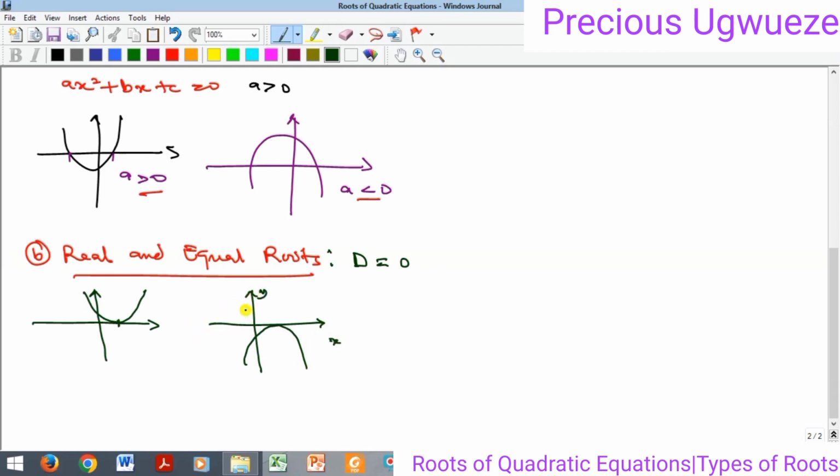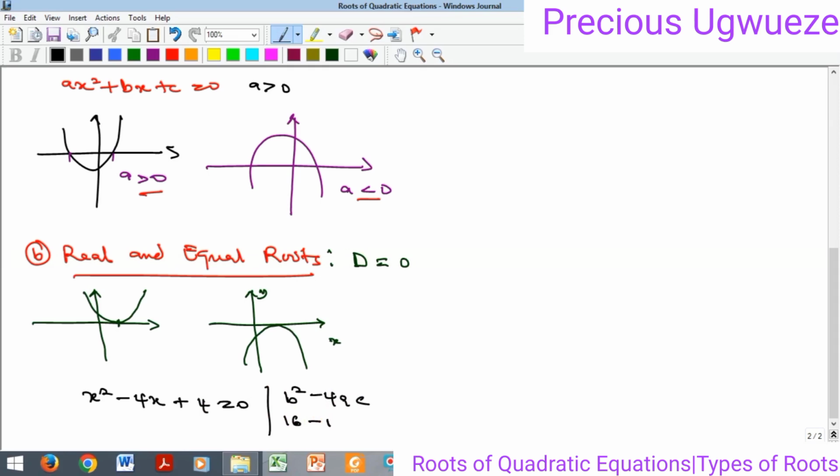Okay, and we can get one example for this: x squared minus 4x plus 4 equal to 0. I think this is going to give us that kind of equation. We can check that. You have b squared minus 4ac. Our b is minus 4. Minus 4 squared is 16.